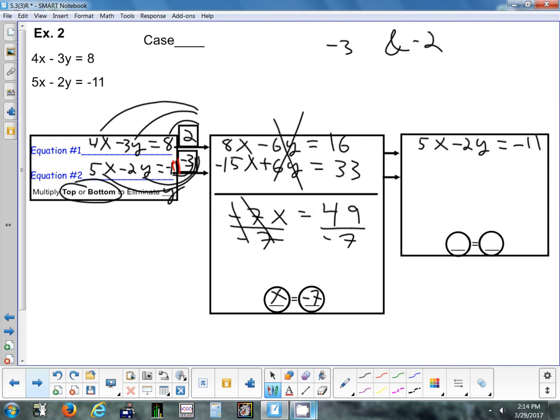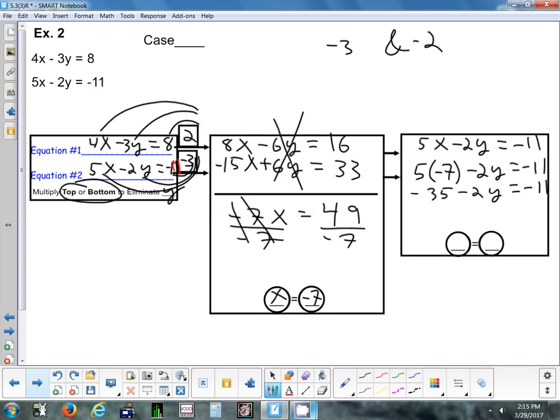All right, Maggie, what letter am I going to fill in for in this equation? X, and what are you going to fill in for x? Negative 7. Nice job. What's 5 times negative 7? Negative 35.